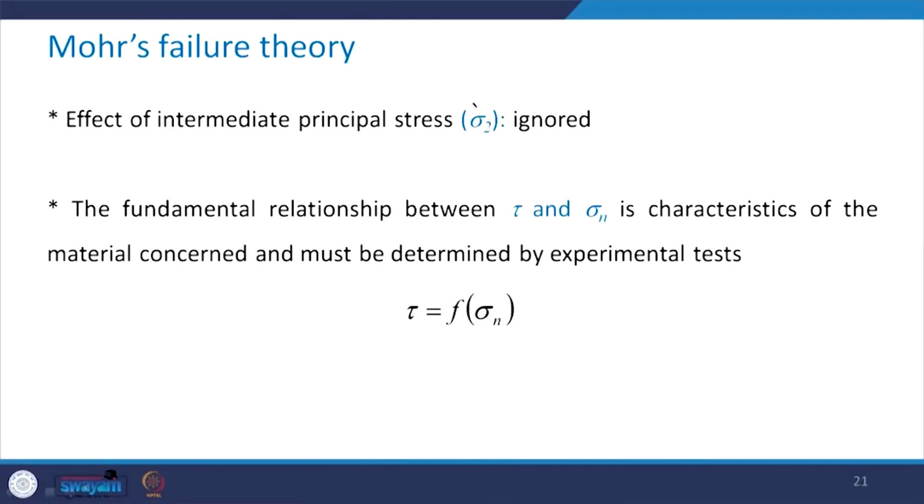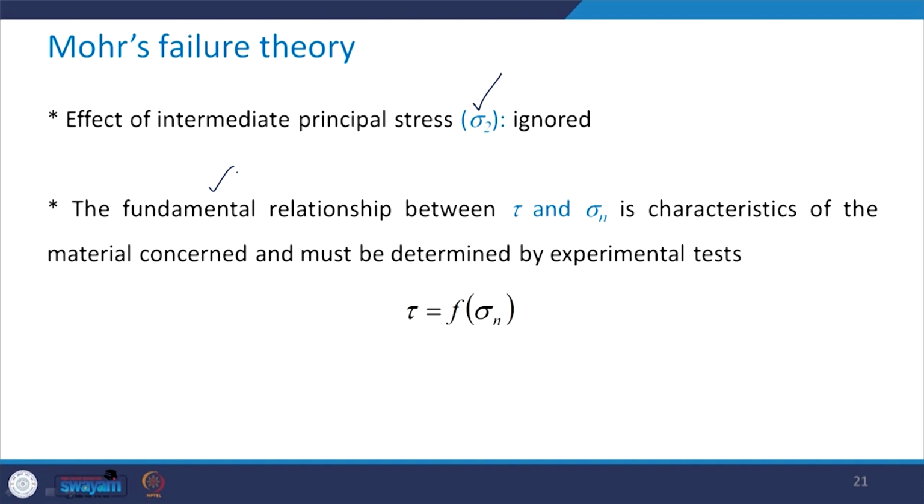In this theory, the effect of the intermediate principal stress, which is sigma 2, is ignored. As per this theory, it was suggested that the fundamental relationship between tau and sigma n is the characteristic of the material concerned, and it must be determined by experimental tests.